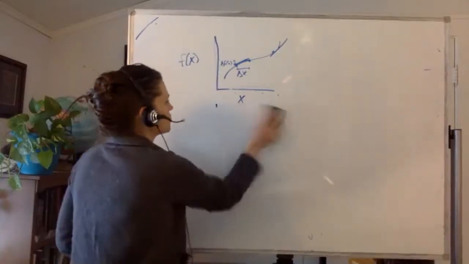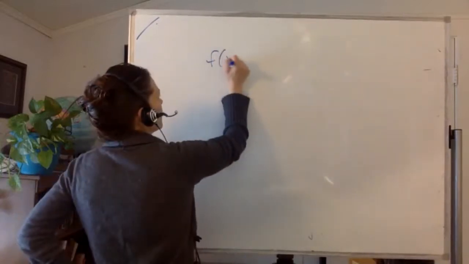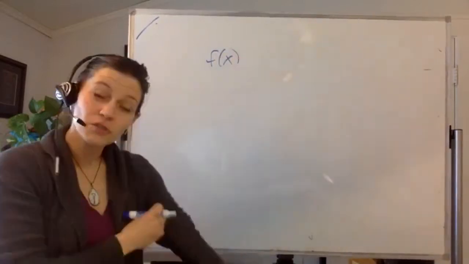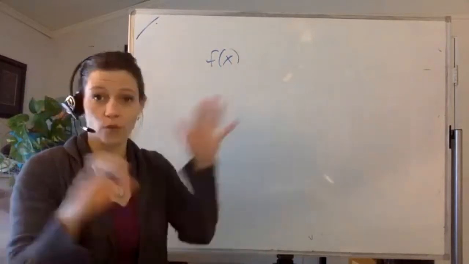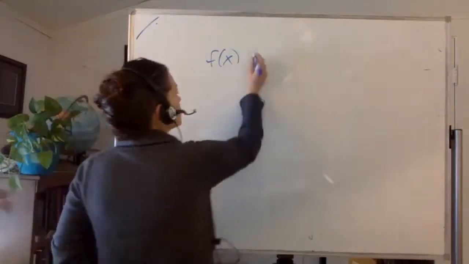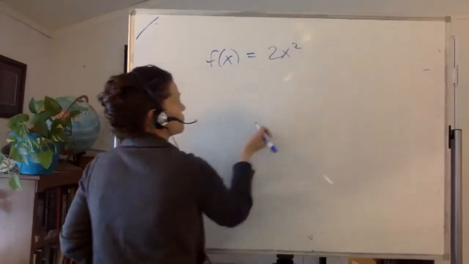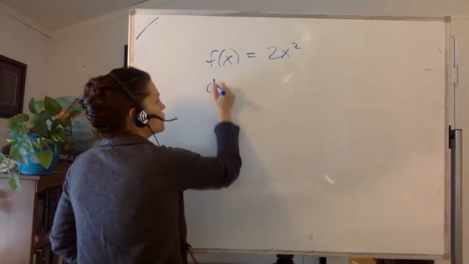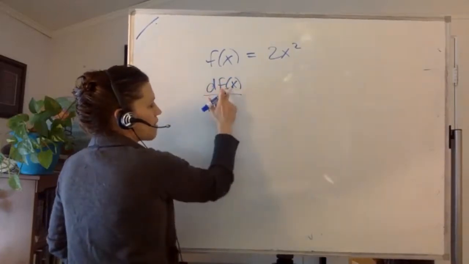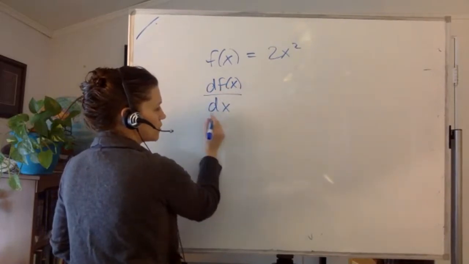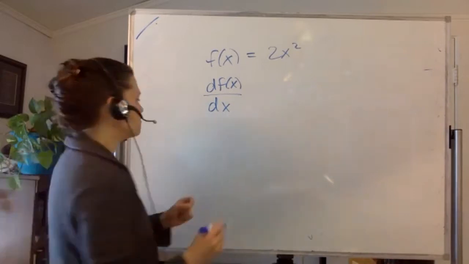Okay, derivatives. By the way, this should just be review. If it's not, definitely come and talk to me and we will work through it. So, let's pick a function: 2x squared. The derivative is written like this, the change in f of x per change in x, and we use this d to represent an infinitesimal change.